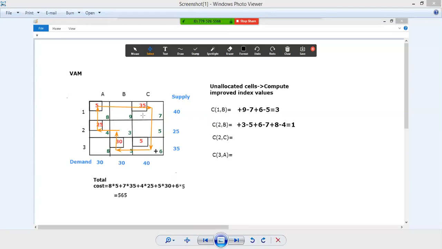Even in this loop, if you compute the net cost, it will be 1. You can choose either loop. The only thing is that the starting cell is always an empty cell, and all other cells are always allocated or occupied cells.